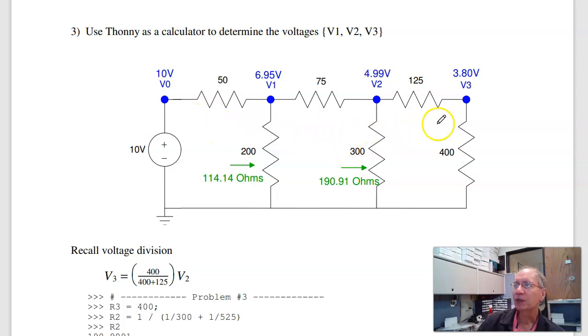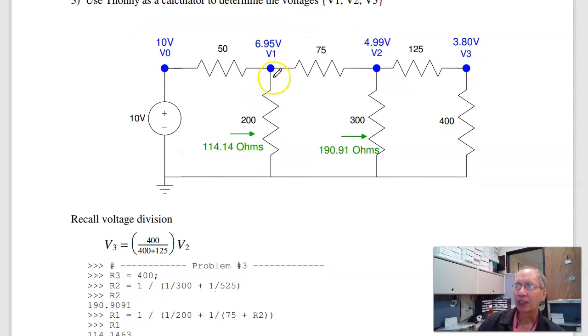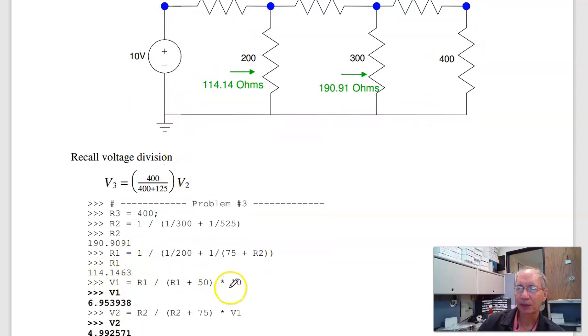So what I need to do is find the impedance looking right. This is 400 ohms, 190.1 ohms, 114 ohms. Now that I know that, I know V1 is 114 over 50 plus 114, that percentage of 10: 6.95 volts.